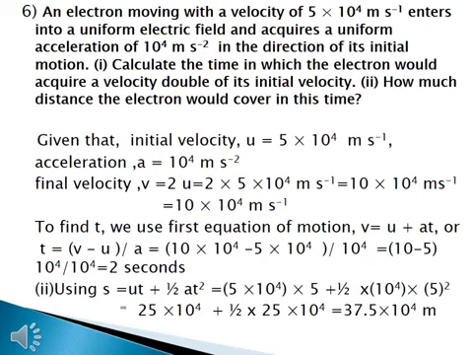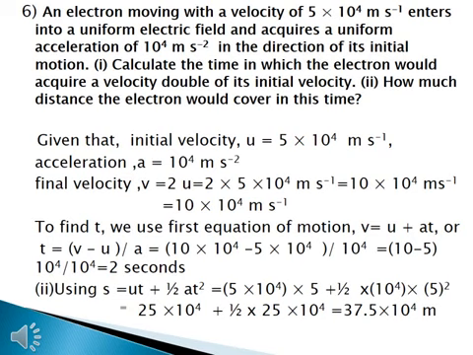Given that the initial velocity u is equal to 5 into 10 raised to 4 meter per second, acceleration a is equal to 10 raised to 4 meter per second square, and final velocity v is equal to 2u, since the velocity at last becomes 2 times the initial velocity.